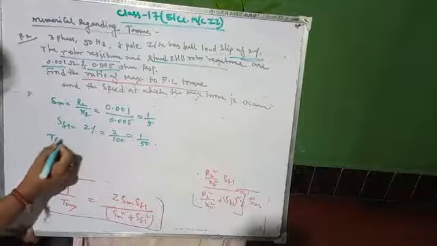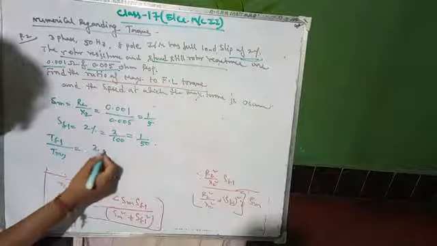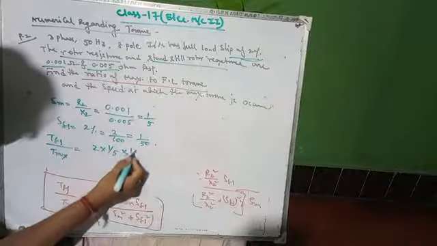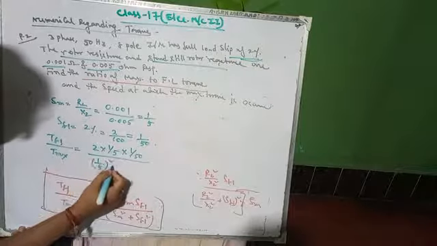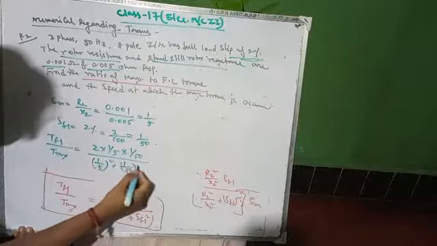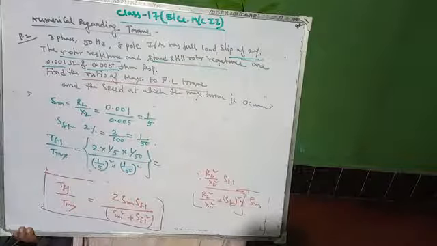So T of FL by T of max equals 2 into 1 by 5 into 1 by 50, divided by (1 by 5) whole square plus (1 by 50) whole square. Whatever result comes will be your answer.